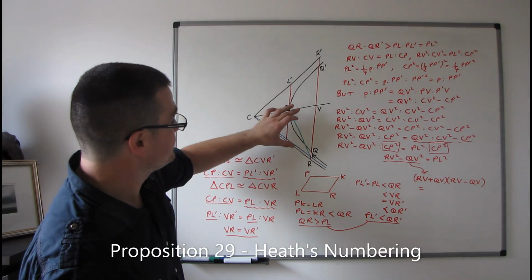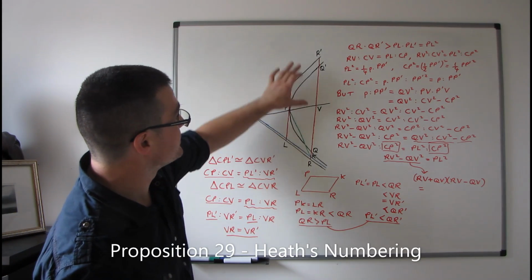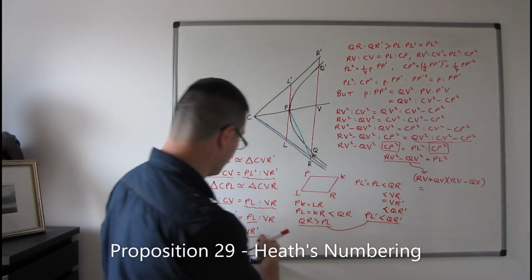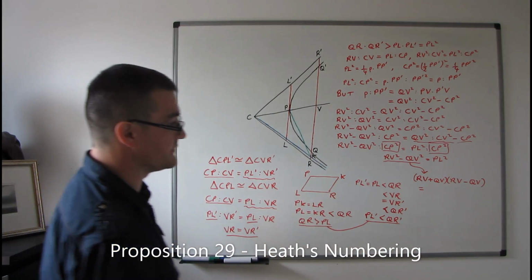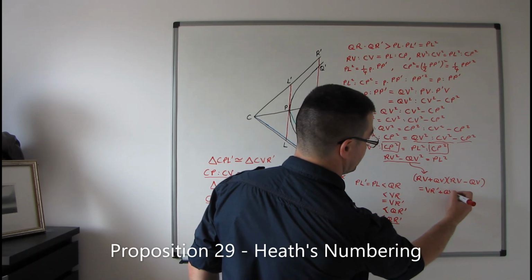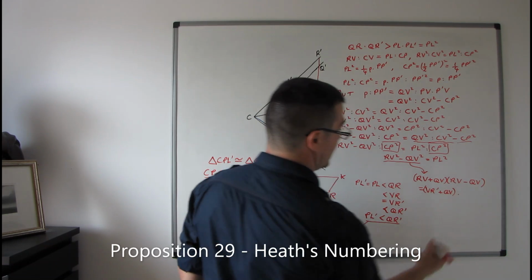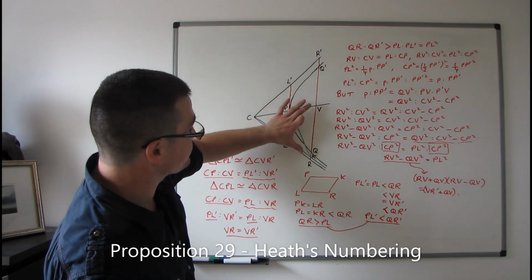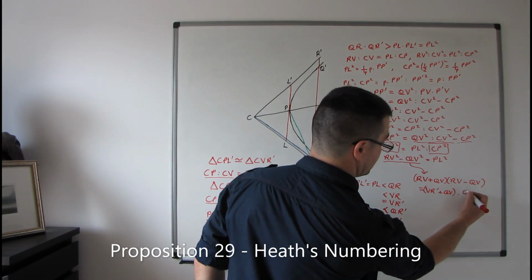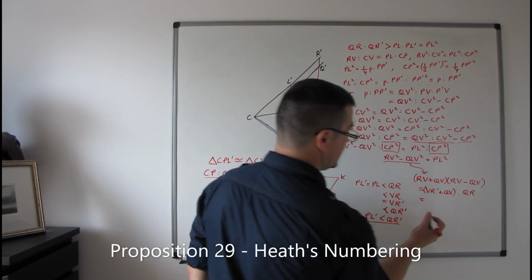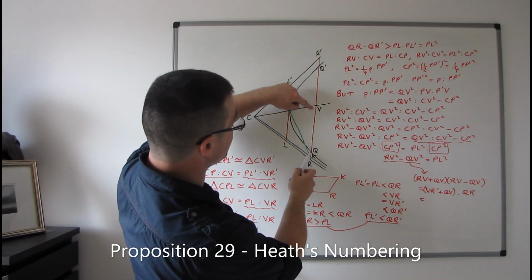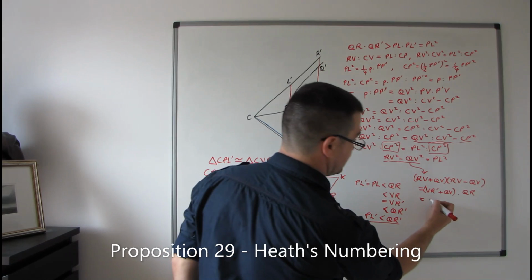So RV is equal to VR primed, as we've already shown here. VR is equal to VR primed plus QV, and RV minus QV is just going to be QR. But VR primed plus QV is just QR primed.